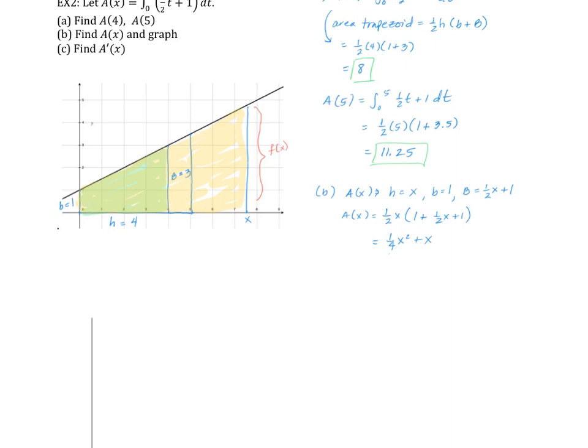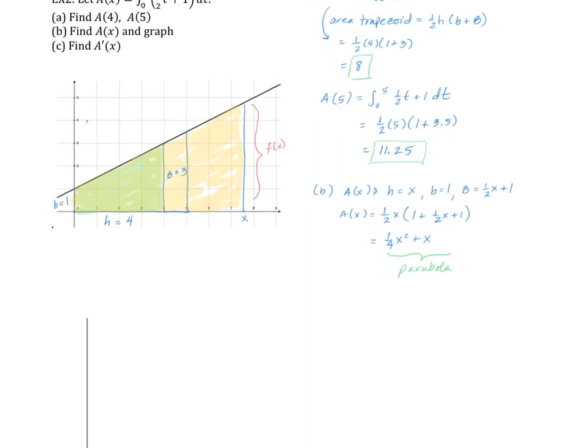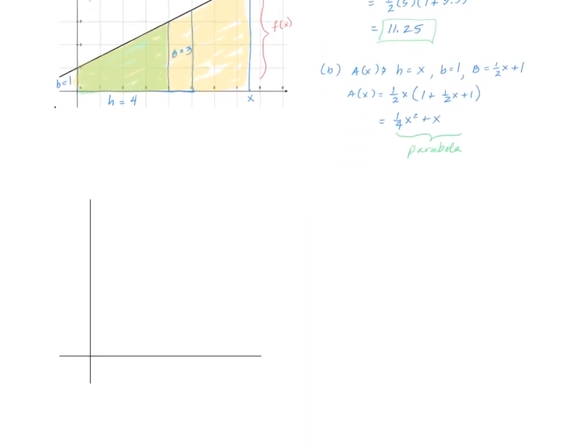Notice that this is a parabola opening up. Okay, so if I were to graph A of x, it's just a parabola that opens up. Right, so this is my A of x. I put in an x and I get back some A of x, which is 1/4 x squared plus x.